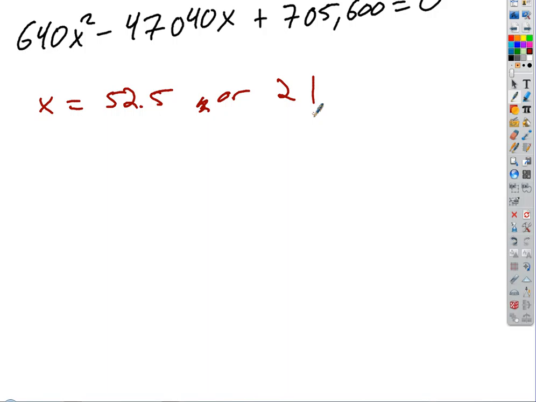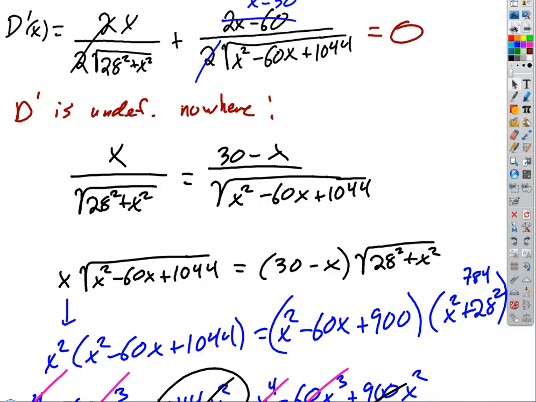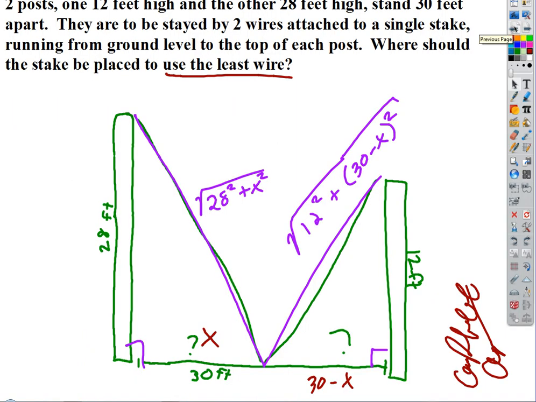Are both those valid solutions? No, we have to check. We have to go back to the original problem, to that beautiful drawing. It doesn't fit. Okay, good, the 52.5 is outside of our domain. So the only one that we would need to check is 21.